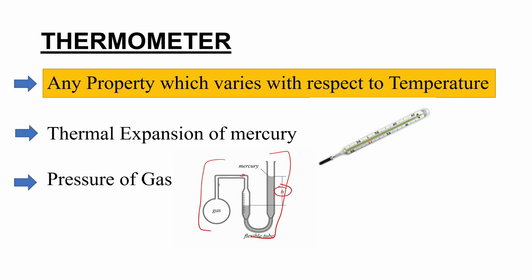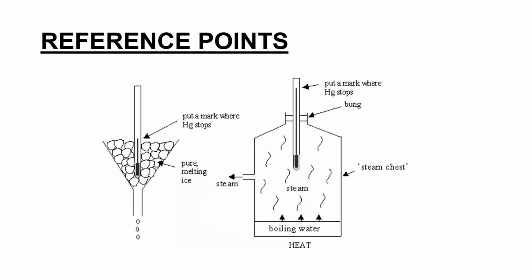This height you can easily measure, and you can easily quantify the temperature. It is proportional to the temperature rise, because the pressure of the gas increases and this pressure causes the mercury to rise, and this height difference can be measured easily, and this height corresponds to the temperature. Then you can easily calibrate the equipment to measure any temperature. So this is the principle we are making use of.